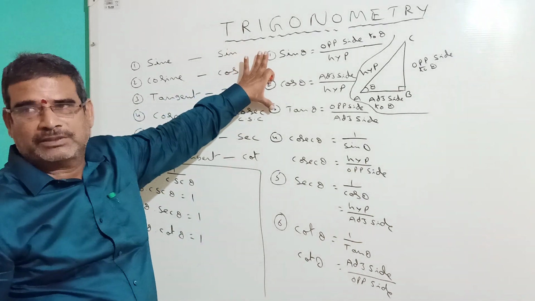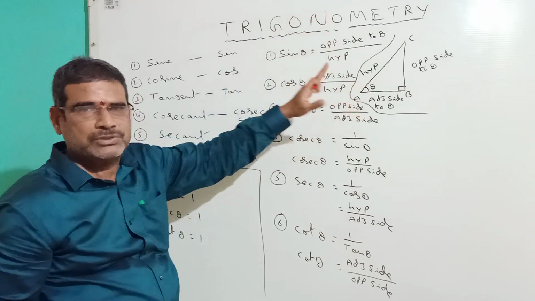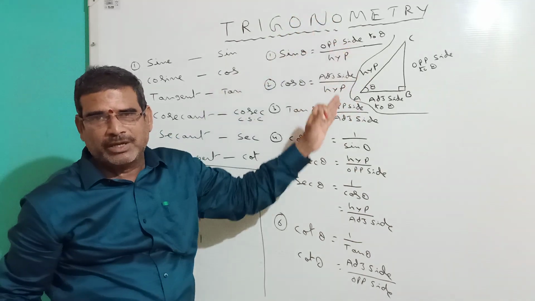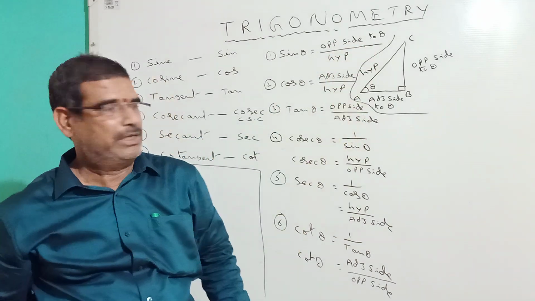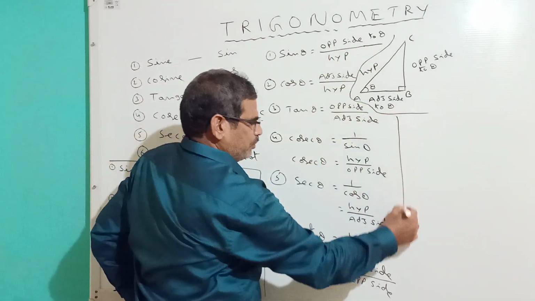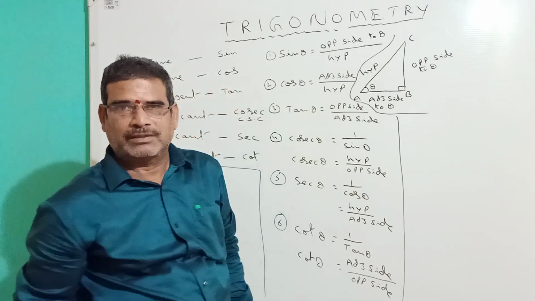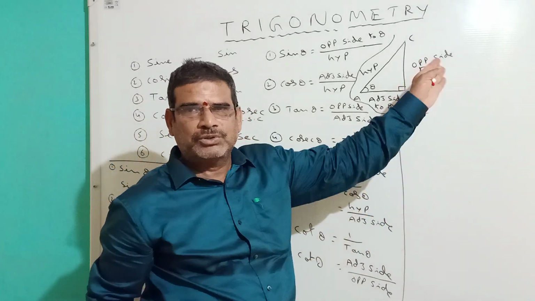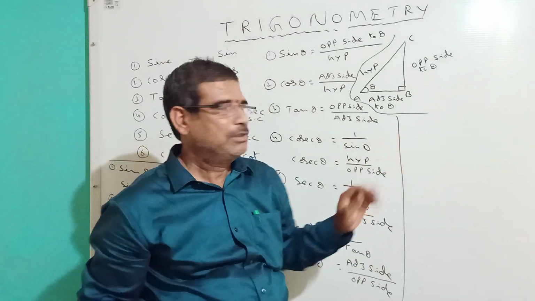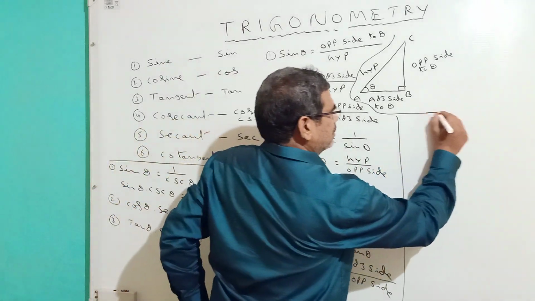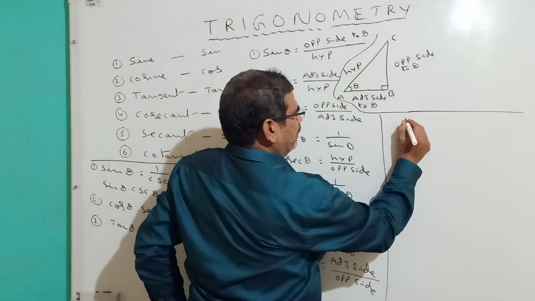And also first thing, sin theta is opposite by hypotenuse, cos theta is equal to adjacent by hypotenuse, tan theta is opposite side by adjacent side. One more, three identities are there. If you know those three, then almost all trigonometric formulas are over. What are the three? Trigonometric identities.